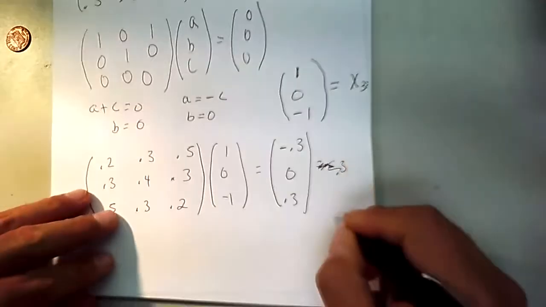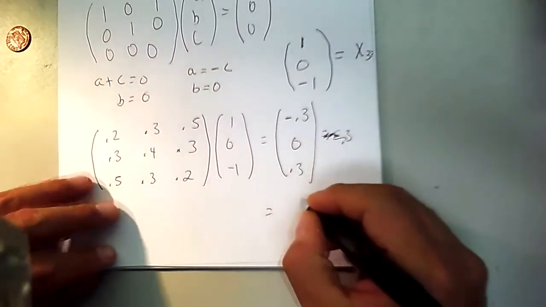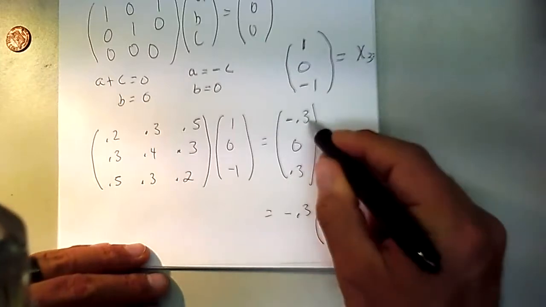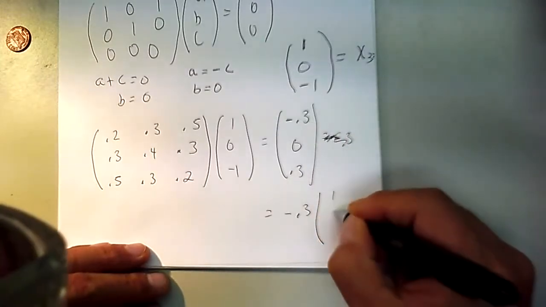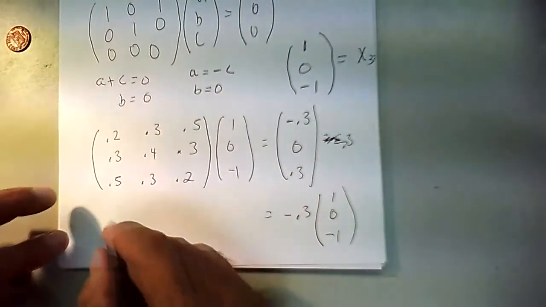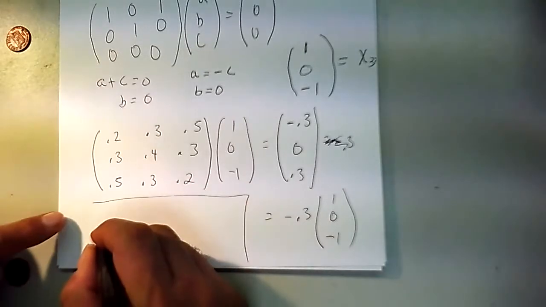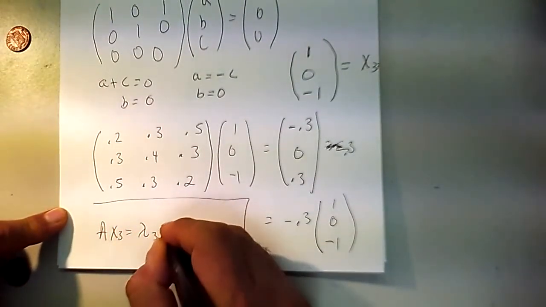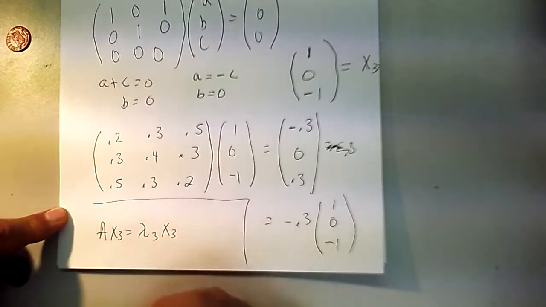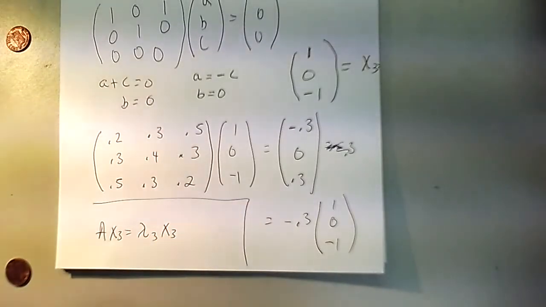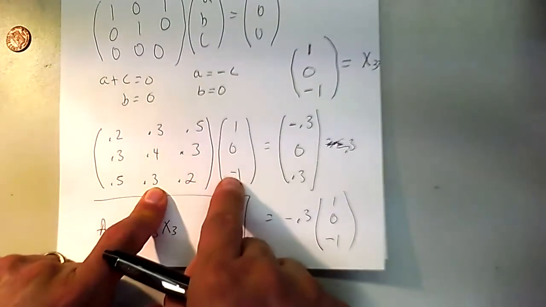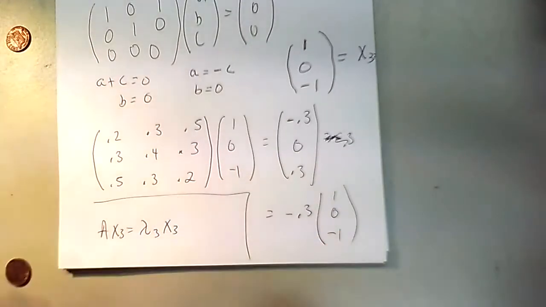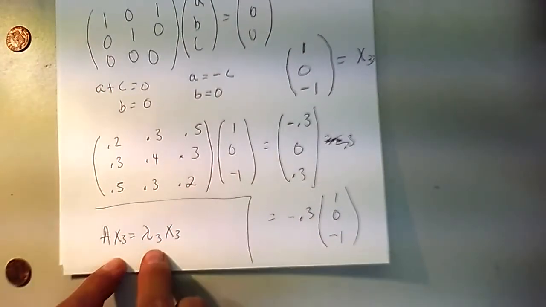Let me do that in the next line down here. So that is equal to -0.3 times 1, 0, -1. So we do have what we're supposed to have, which is that x3 equals lambda 3 times x3. It does work. That is exactly what the eigenvector is supposed to do.